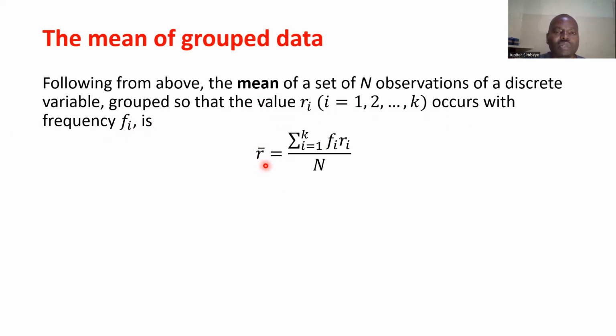R bar is the mean of grouped data, which is just the summation of the observations, the total of the observations there, which is the summation of fi ri over n. If you see this, we surely have come across this one. We have done these examples that use this formula.